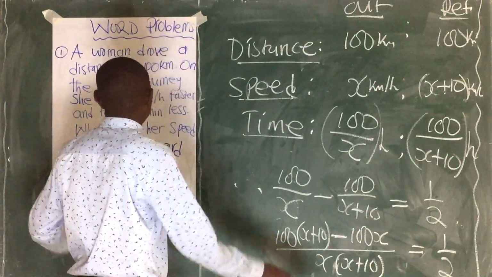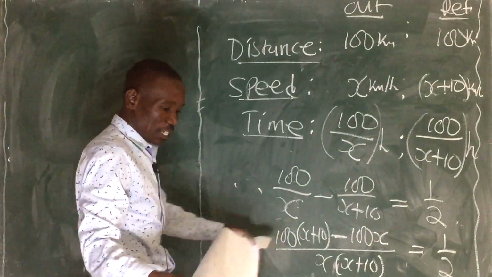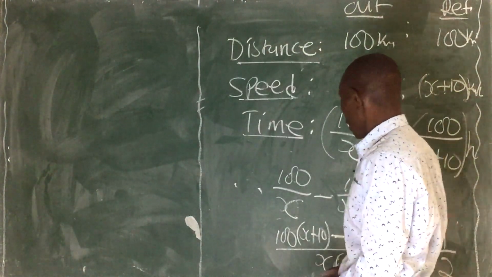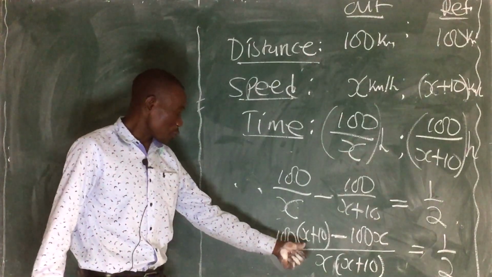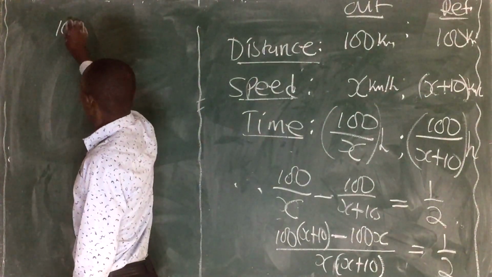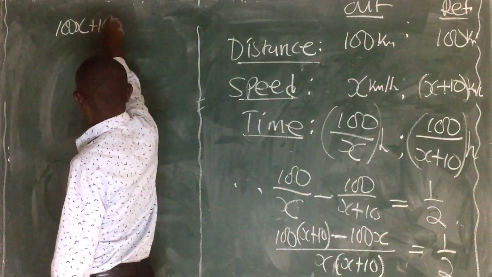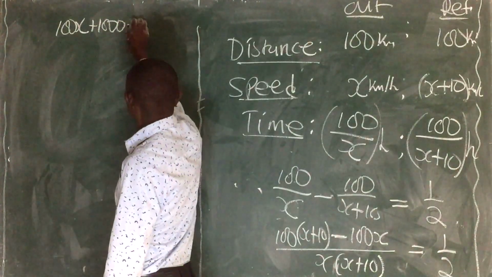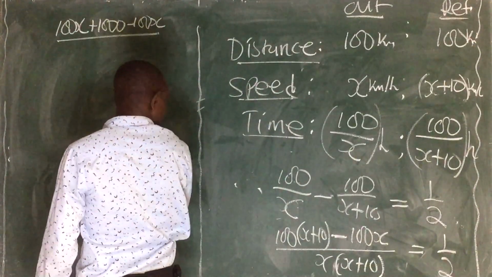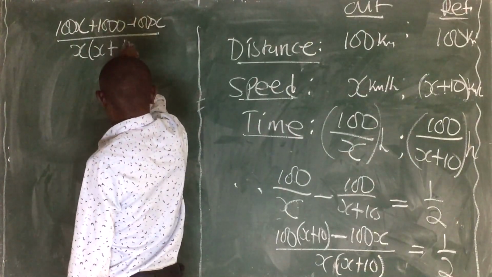Right. So to increase the space, allow me to remove this chart. Take it for granted that you have taken note of the equation that is here. Now, from here, just expand the expressions by removing the brackets. So in the numerator, we'll have 100x, then plus 1000, and then there we have minus 100x, and this one should be over x open bracket x plus 10.